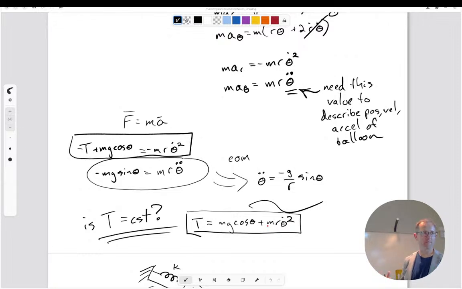Take another derivative, you're back to another sine wave. So theta dot squared is also a function of time. So both of these are saying tension is not constant. If you had tension in some other equation, you can plug in these values and say, this is tension. Solve for theta dot squared, whatever we want to do.